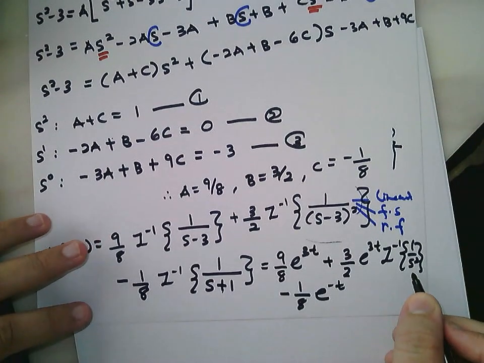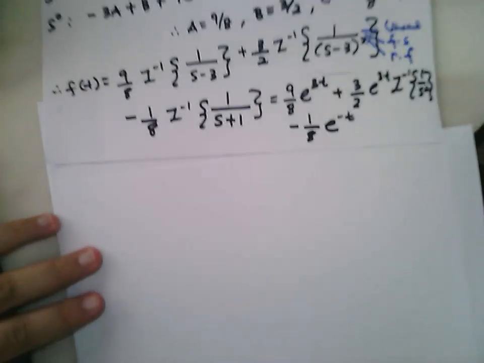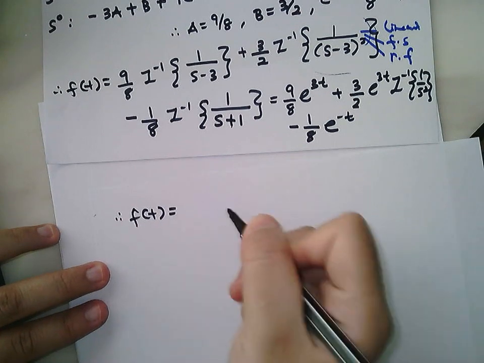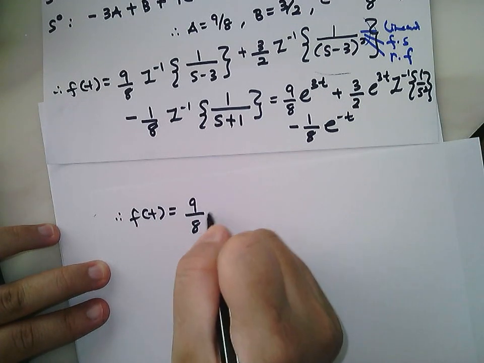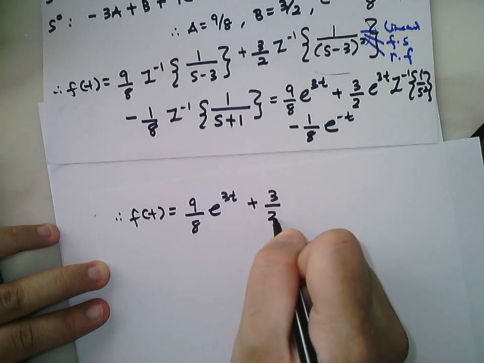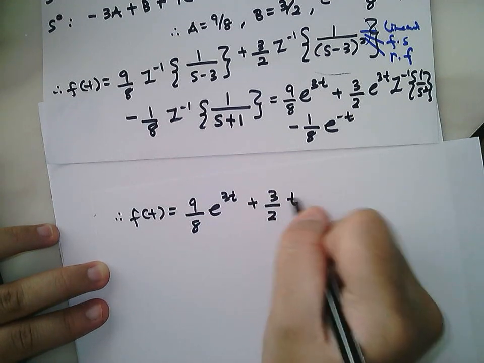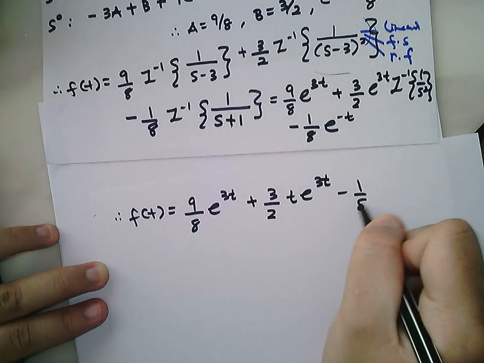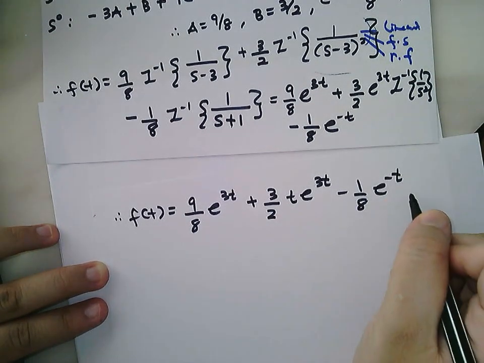This one, the inverse of 1 over s squared, is equal to t. So therefore, your f(t) is equal to 9 over 8 e to the 3t plus 3 over 2 t e to the 3t minus 1 over 8 e to the negative t.